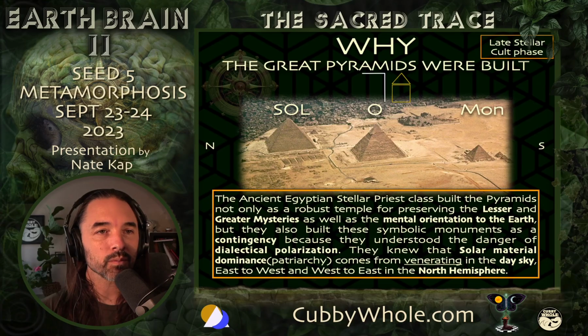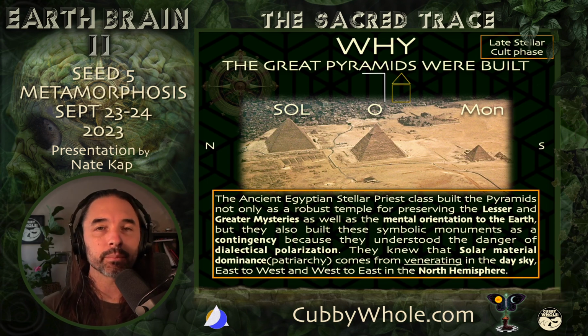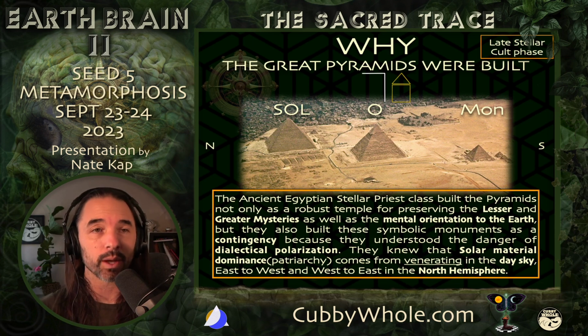Now, why were the pyramids built? A lot of people get stuck in who built the pyramids and how were the pyramids built, which are very great questions. But the ultimate question is why were they built? Because that's really the only thing that truly matters.